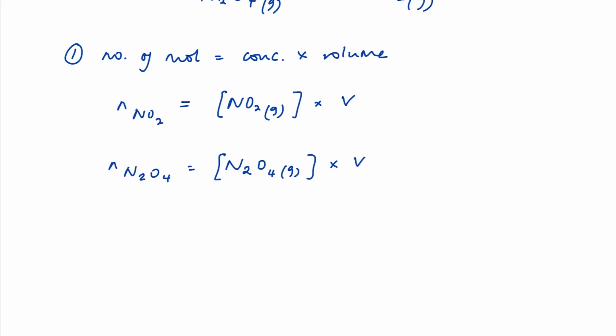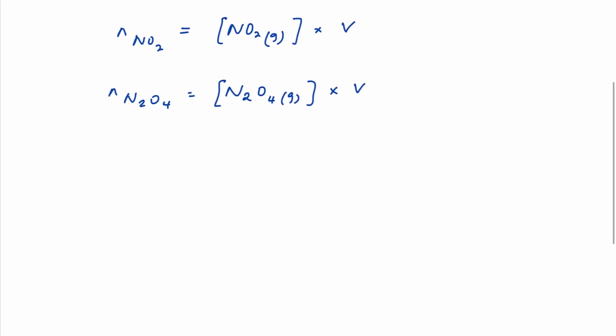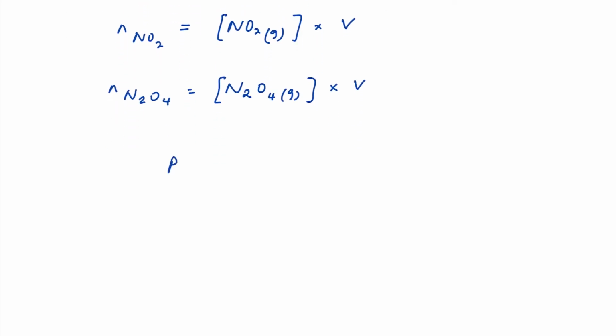However, we can also work out the number of moles of a gas using the ideal gas equation, PV equals nRT, where T is the temperature in Kelvin and R is the gas constant.